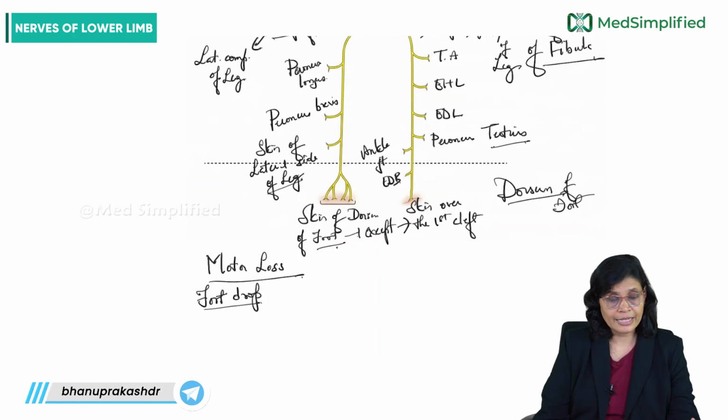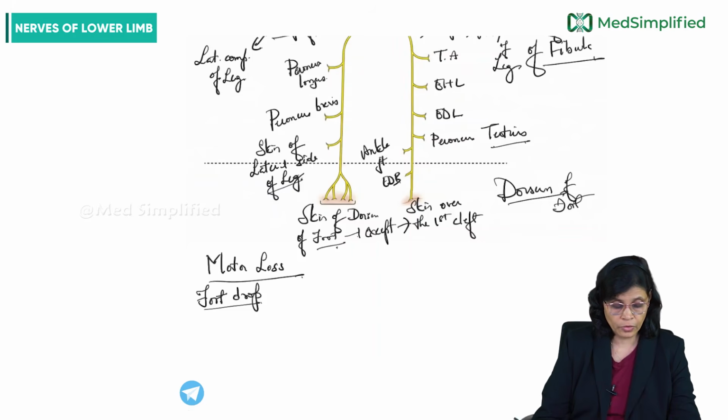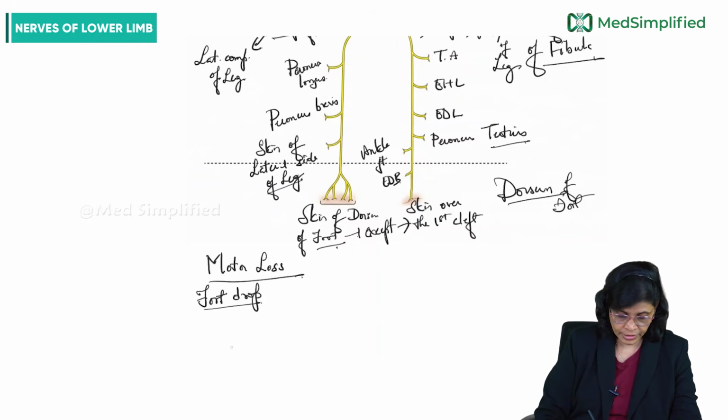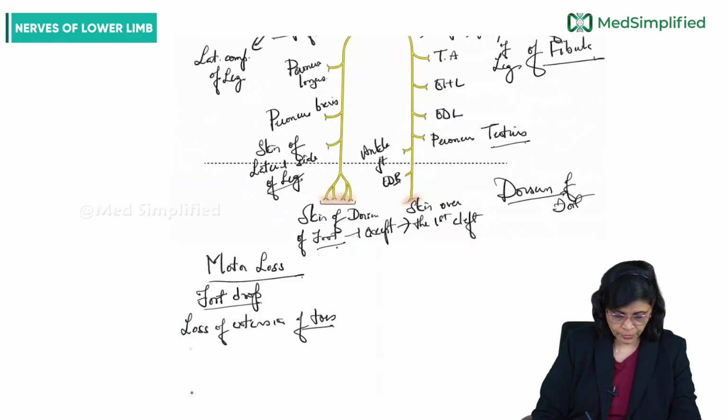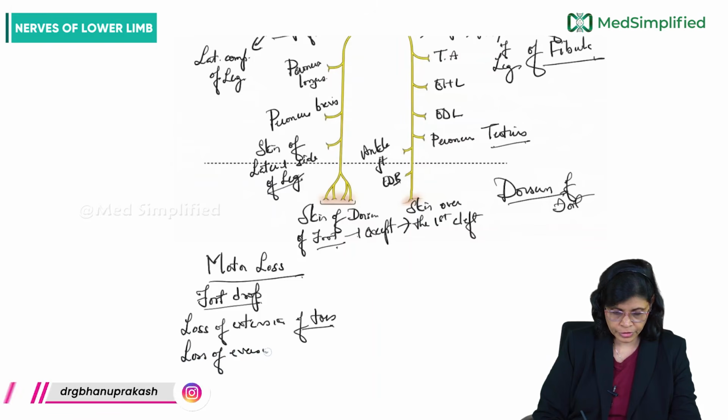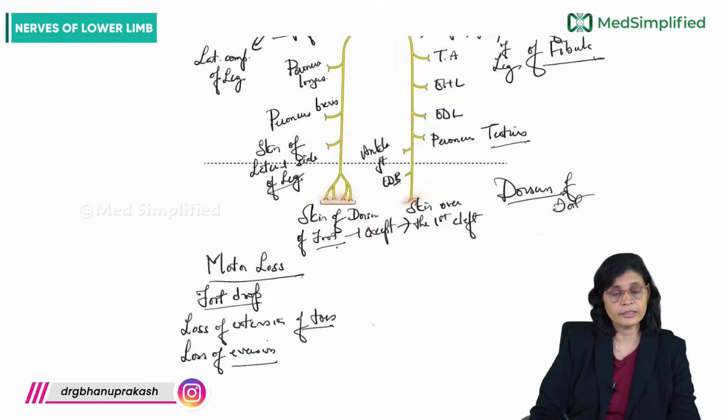Then, because these extensor muscles are involved, which are basically the extensors of the toes, there is loss of extension of the toes. And loss of eversion, because the everters are the two lateral compartment muscles, the peroneus longus and peroneus brevis.